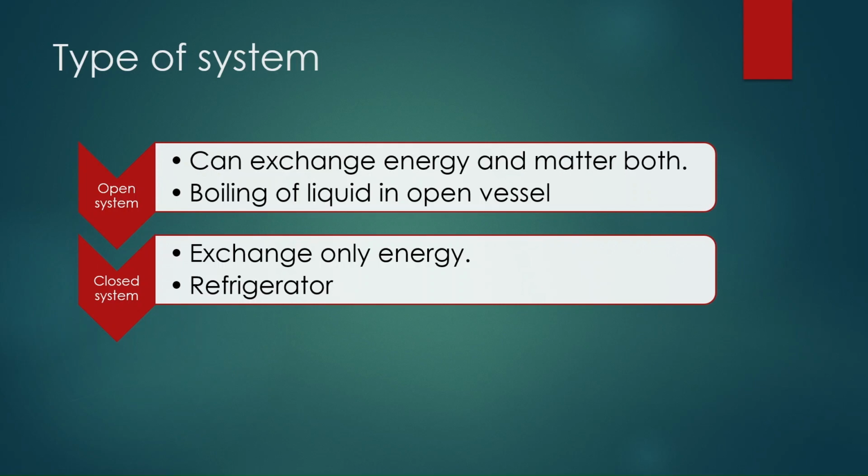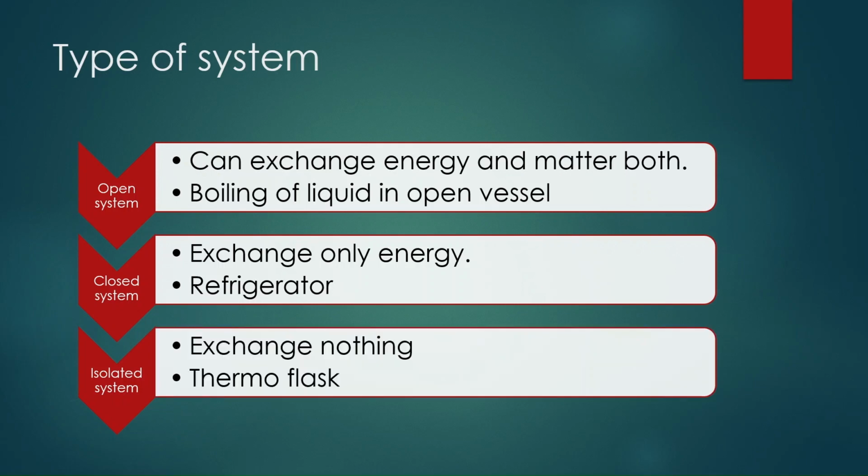Another kind of system we have is called the isolated system. What is an isolated system? An isolated system is a system that cannot exchange energy or matter.